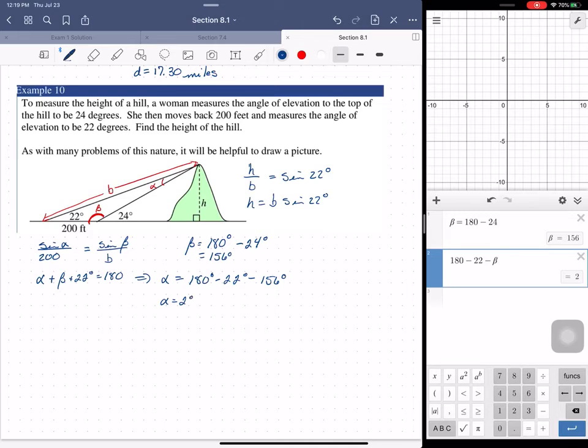Because now I can go back to my law of sines, and I know that 200, turning it upside down, divided by the sine of alpha is equal to b over the sine of beta, which means that my side b is, well, let's write that more intelligently, 200 times the sine of beta divided by the sine of alpha. So let's go ahead and label this alpha.